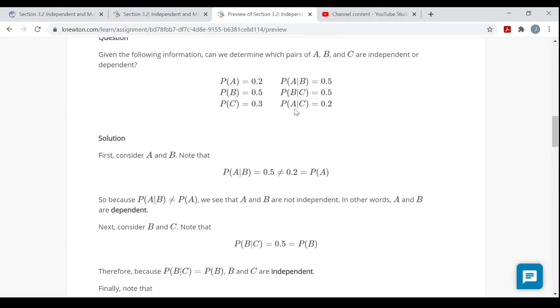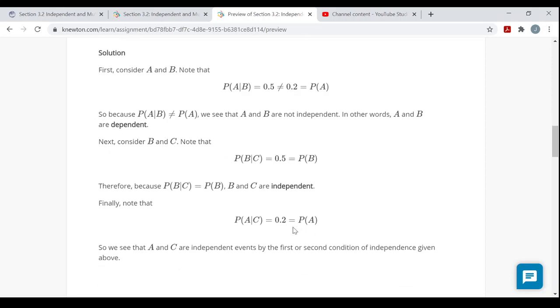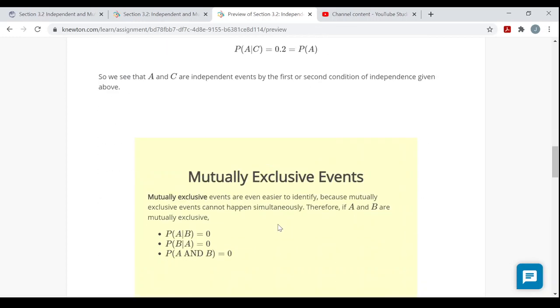And then look here, the probability of A occurring, given that C has occurred, doesn't change the probability of A. The probability that A occurs, given that C has happened, is still 0.2. The probability that A happens on its own is 0.2, and if C happens, the probability of A happening is still 0.2. So A and C are also independent. You can read through all that here.